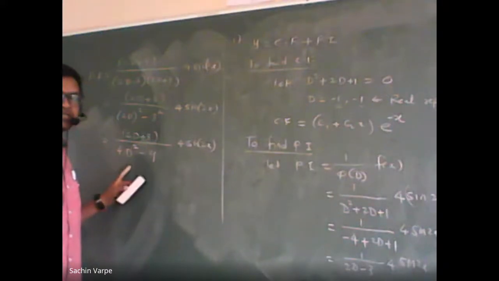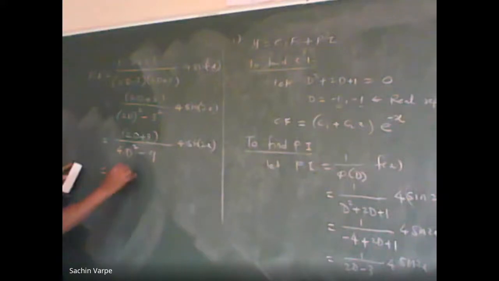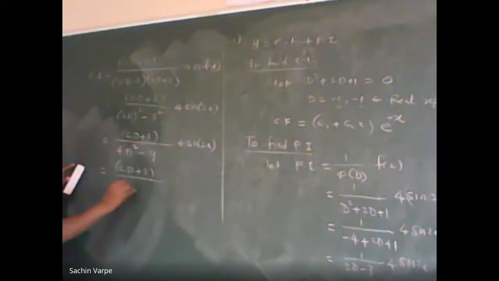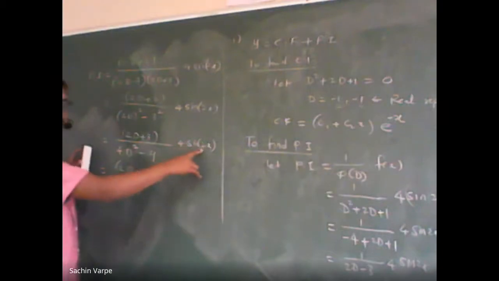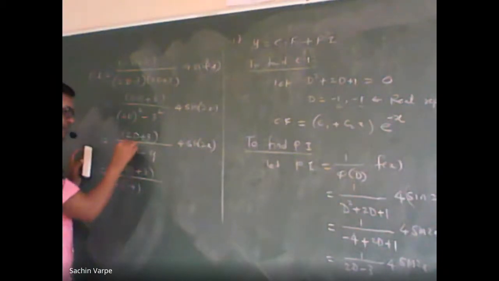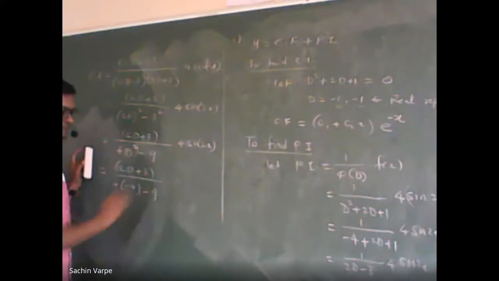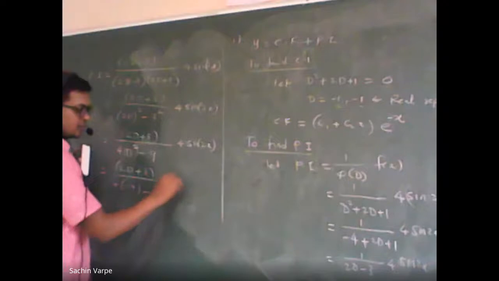So we replace this D square by minus of a square. That is 2D plus 3 upon 4 into minus 4, because minus of 2 square is minus 4, minus 9, into 4 sine of 2x.